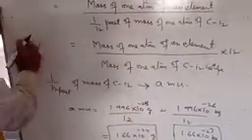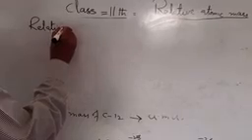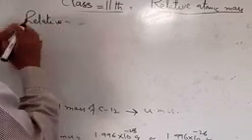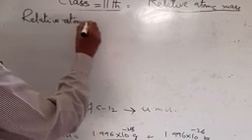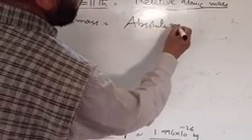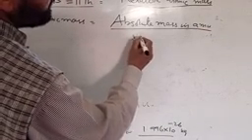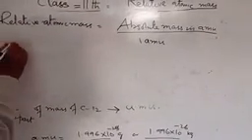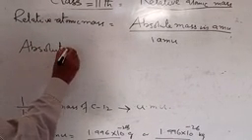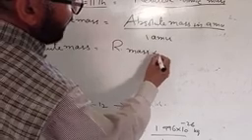So relative atomic mass is equal to absolute mass in atomic mass units divided by 1 AMU, or we can say absolute mass is equal to relative mass into AMU.